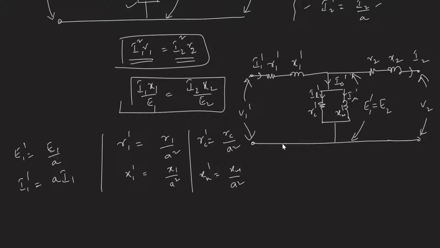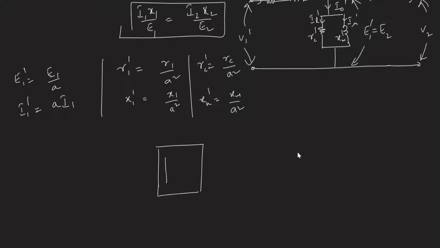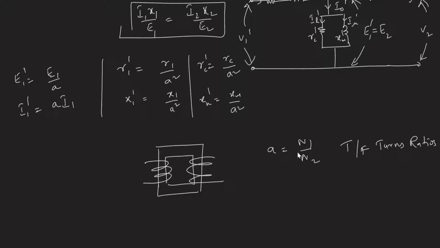Okay, now there is one more thing. Normally we term the transformer turns ratio. Till now we have defined A equal to N1 by N2. This is the transformer turns ratio. Now sometimes in some books they also call it the transformation ratio.